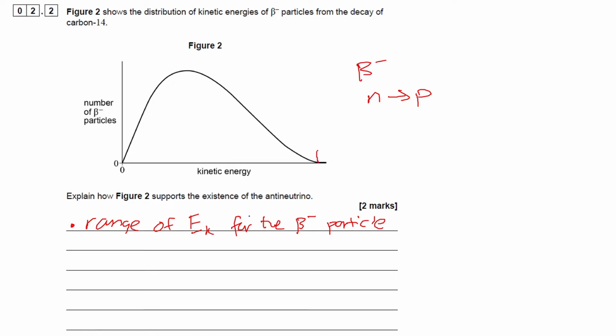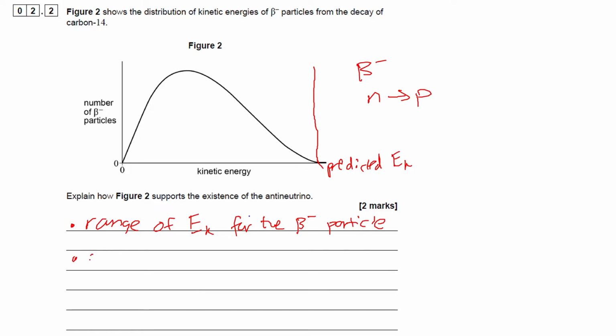So they were expecting all the beta particles to have a fixed amount of energy, a maximum amount. To account for this missing energy, they predicted the existence of a neutrino.